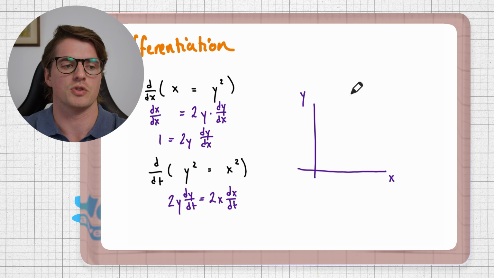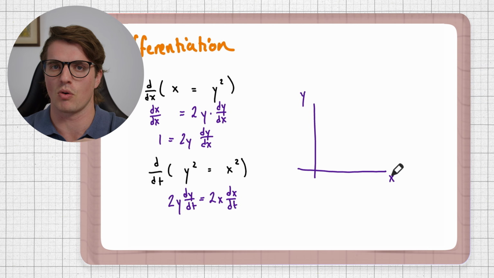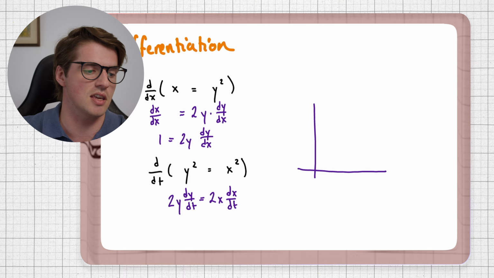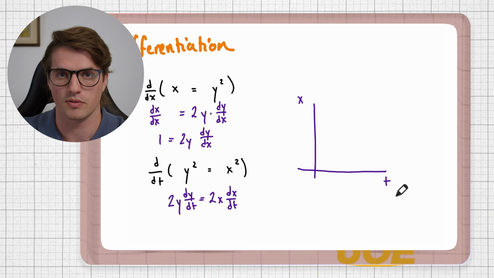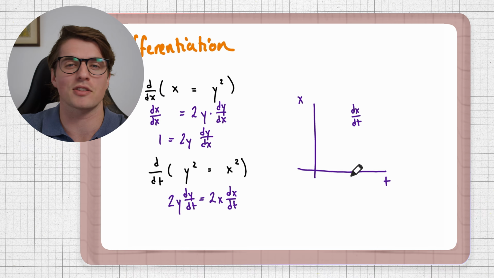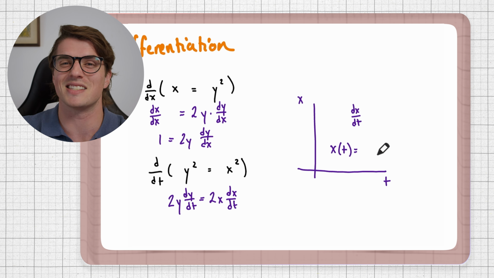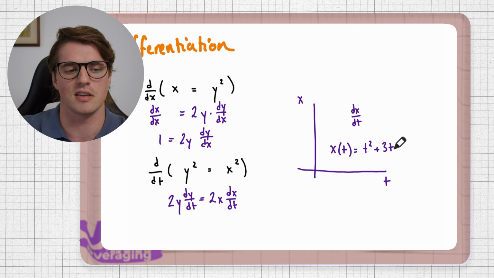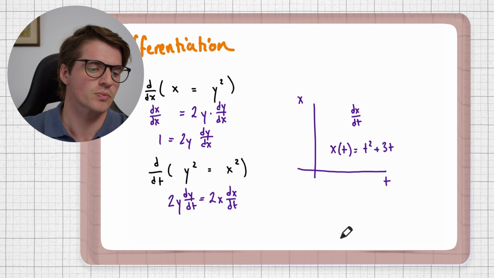So in dy/dx, y would be your vertical variable and x would be your horizontal variable. But we could be taking the derivative of x with respect to t, and then x would be your vertical variable and t would be your horizontal variable. That's why we would have dx/dt. And with respect to means that you have some equation, let's say x of t, where t is the variable that defines x. So we could say t squared plus 3t. That would be x in terms of t.